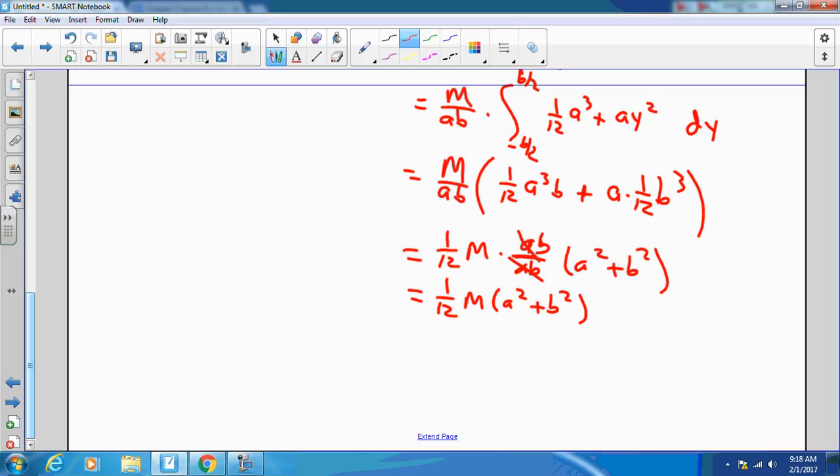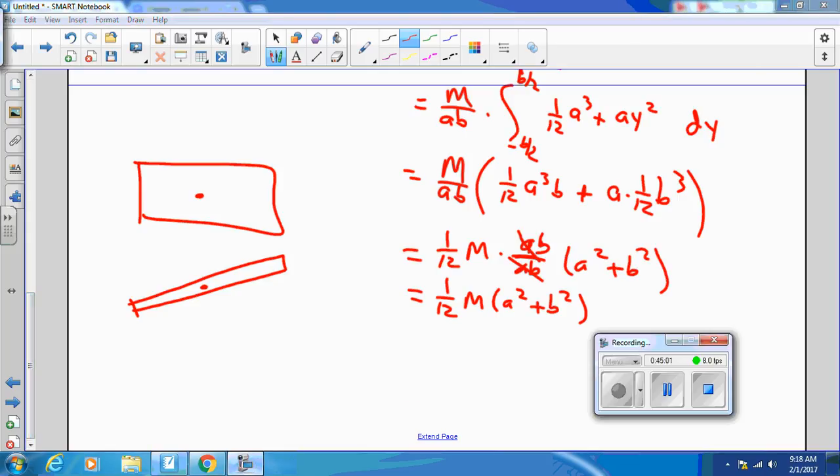In other words, this acts like a rod of length the square root of a squared plus b squared about its center. I can visualize this as being equivalent to this.